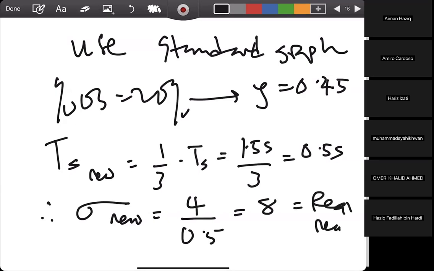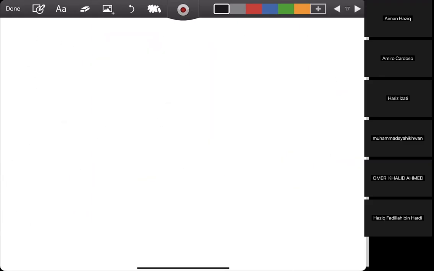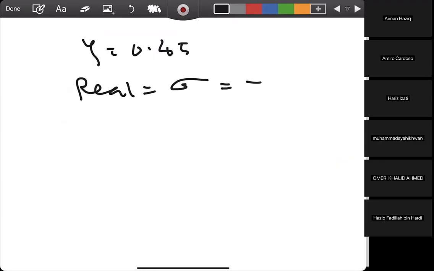Real new, sigma. Then for zeta is 0.45. Real is equal to minus zeta omega n.